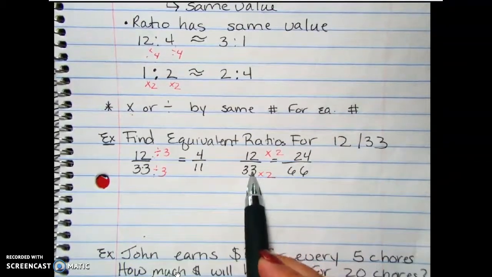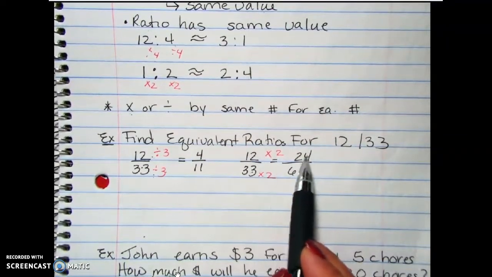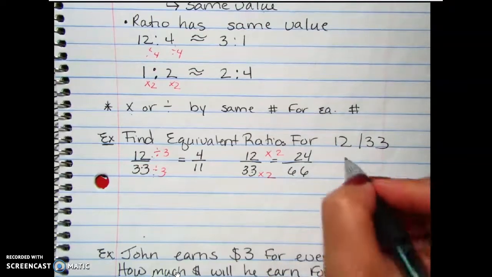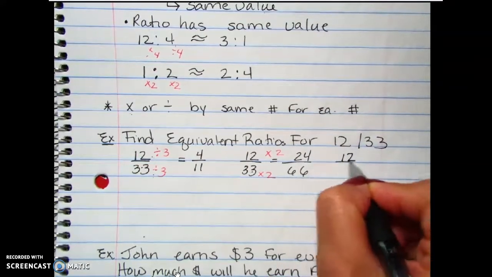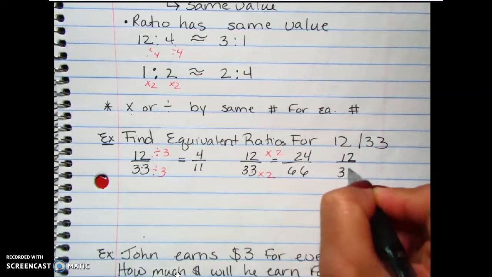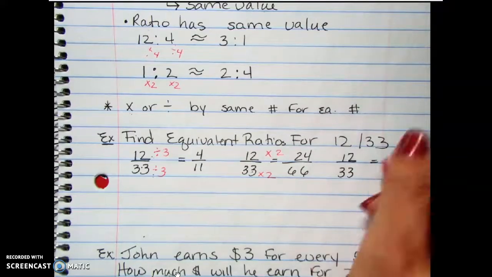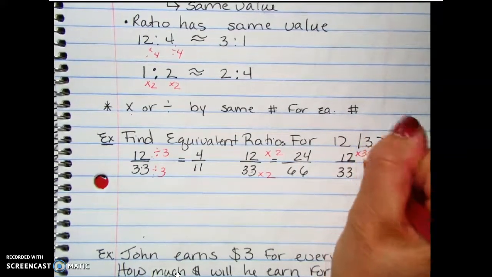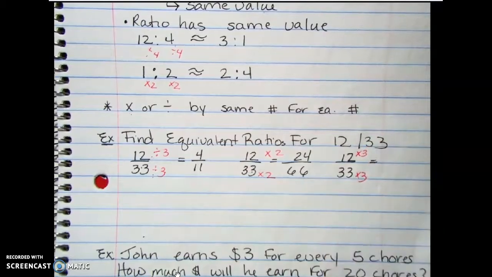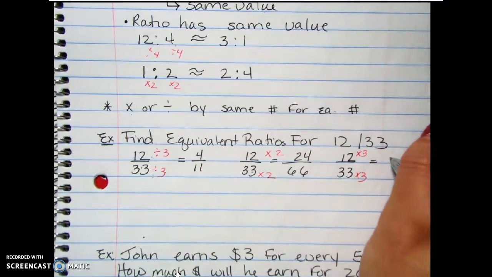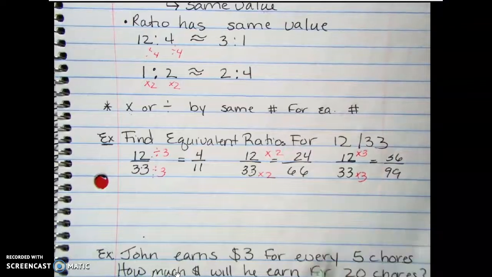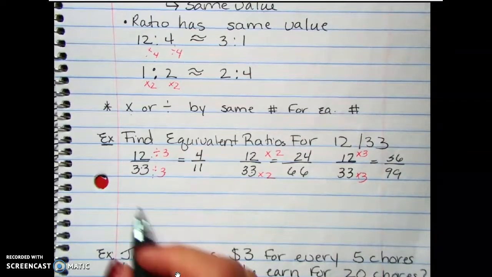So 12 to 33 is equivalent to 24 to 66. I could also make it 12 to 33 is equivalent to, and I can just choose another factor to multiply by. This time I chose 3, and it would be 36 to 99. These are all equivalent.